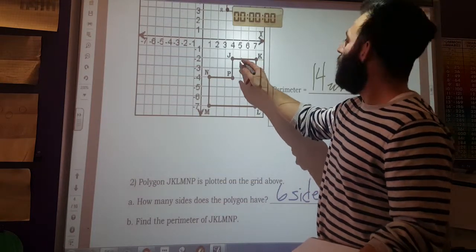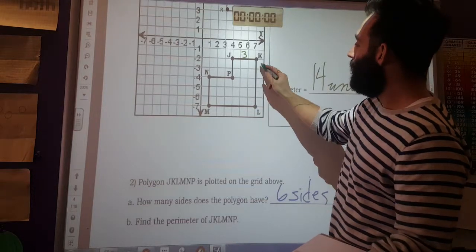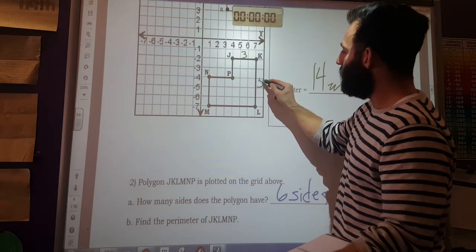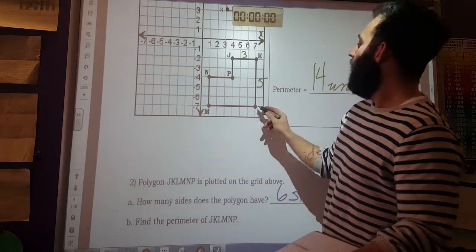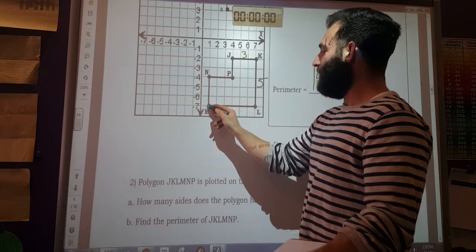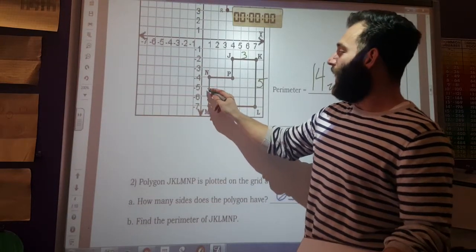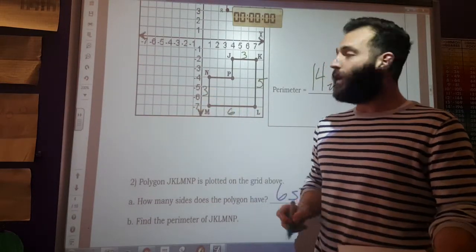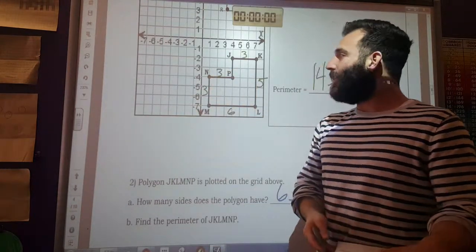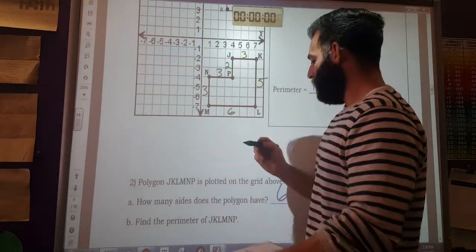So I'm going to find my lengths of all the line segments. JK is 1, 2, 3. KL is 1, 2, 3, 4, 5. LM would be 1, 2, 3, 4, 5, and 6. MN, 1, 2, and 3. NP, 1, 2, 3. And PJ would be 1, 2.